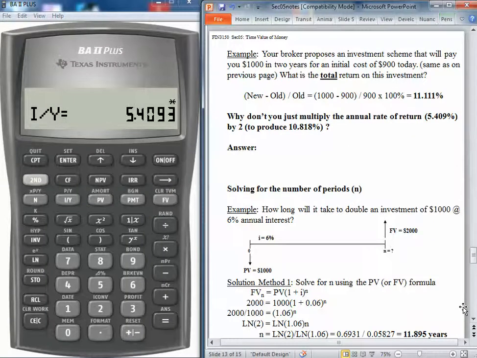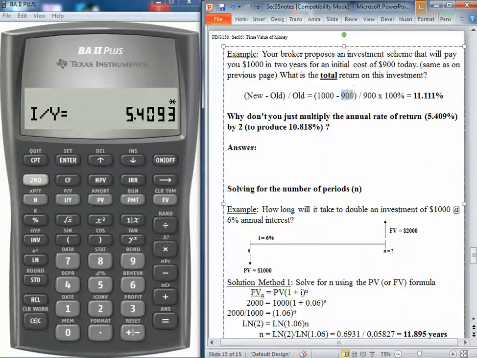Why can't we just use the new minus old function that we learned in the first chapter of this book? Because if we calculate the new minus old, we're going to invest $900, receive $1,000, so that's a $100 profit on a $900 investment. That would be an 11.1111% return.